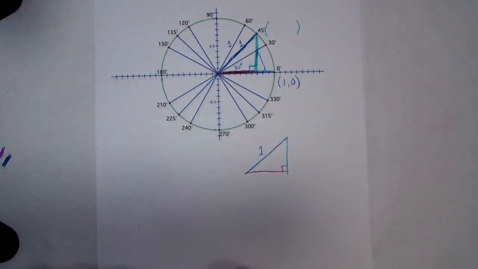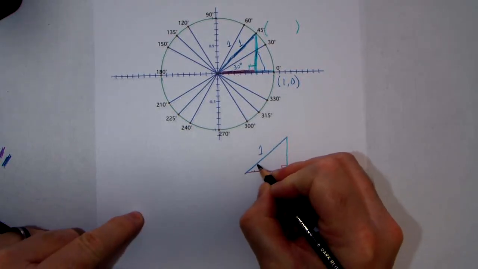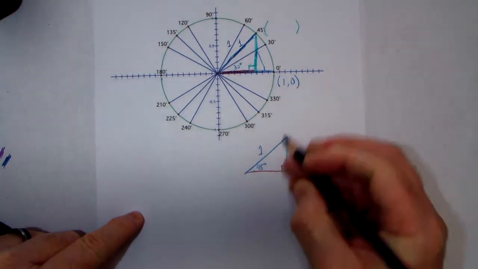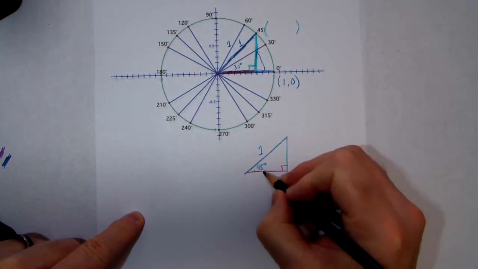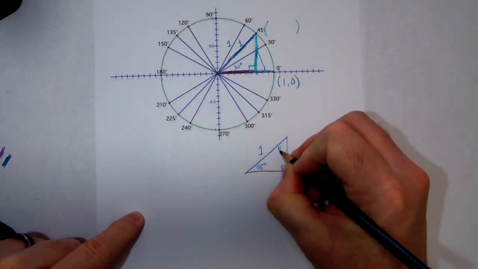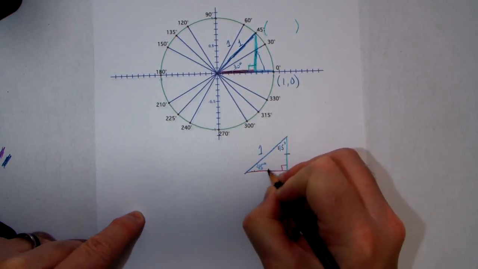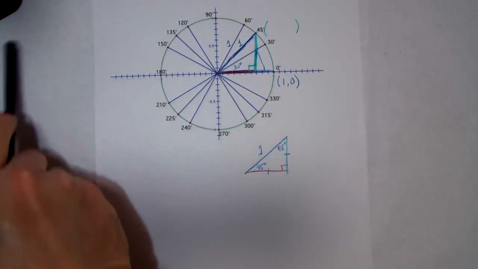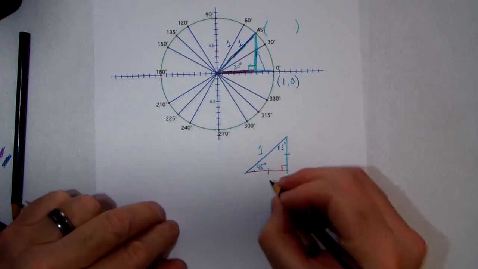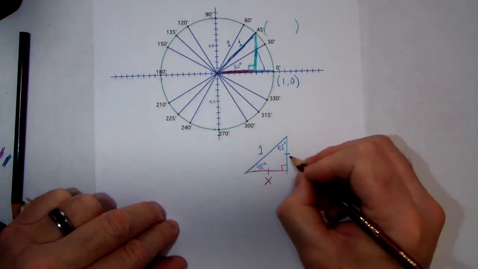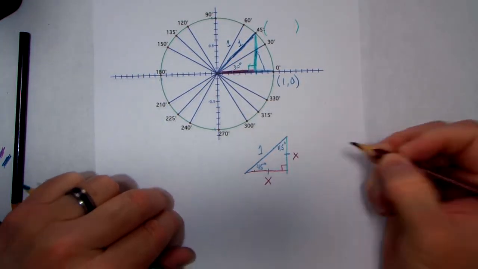I know that my angle down here is 45 degrees. That was the angle that I rotated that radius. Well, if this is 45, then so is that, which makes this an isosceles right triangle. And so when we're looking at the lengths of the two sides, we can call them both x.